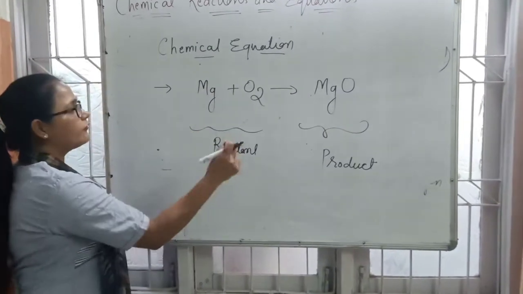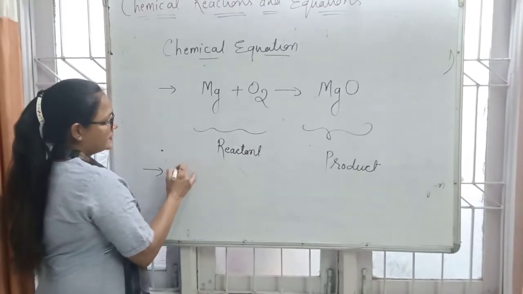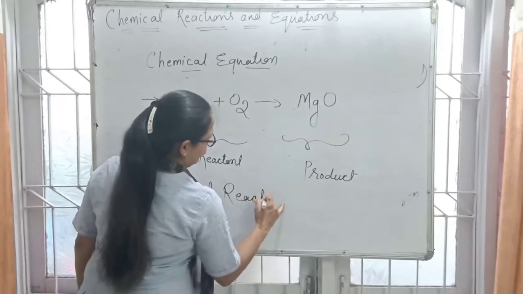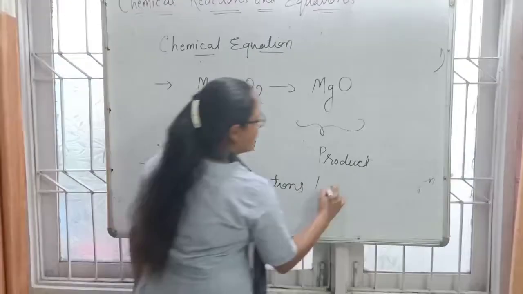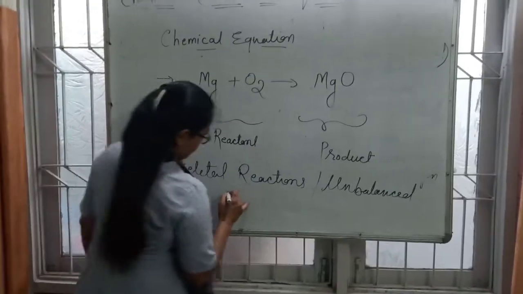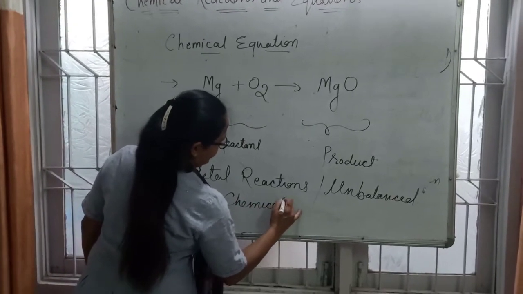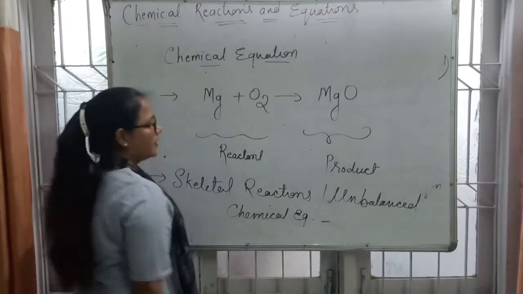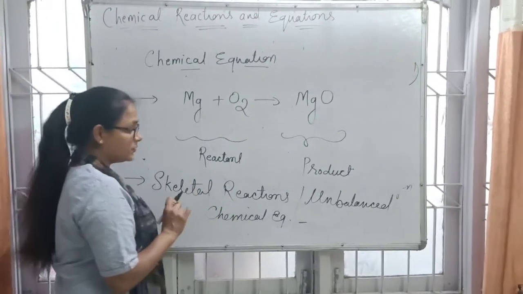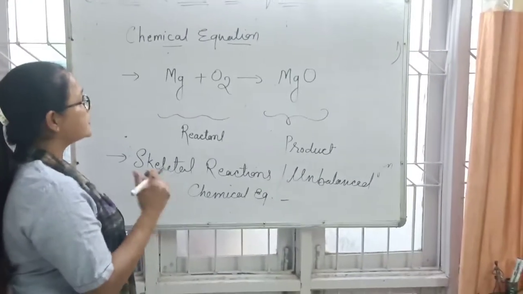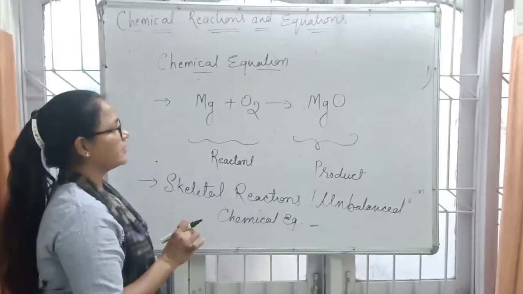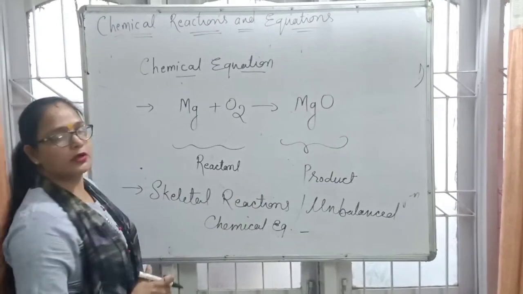So these types of reactions are called skeletal reactions or unbalanced chemical equations. An unbalanced chemical equation means a chemical equation in which the number of atoms of each element on both sides is not equal.